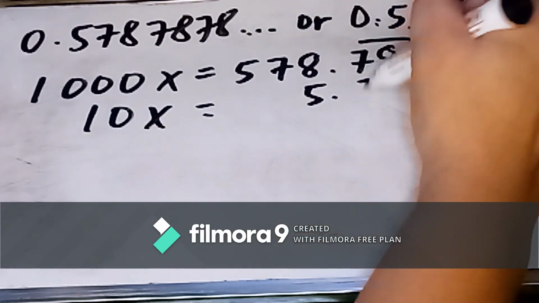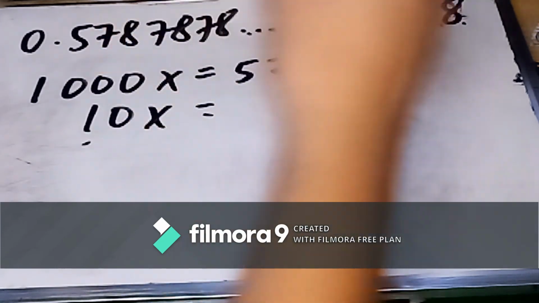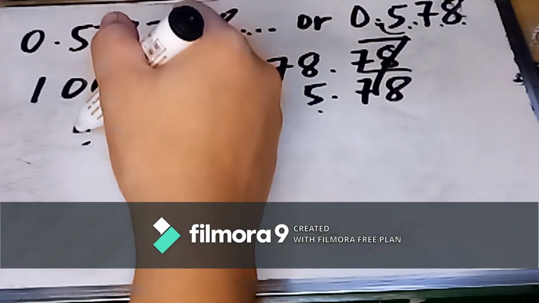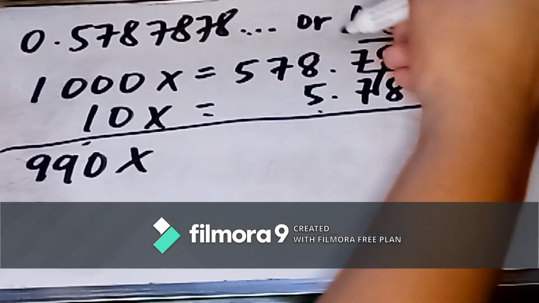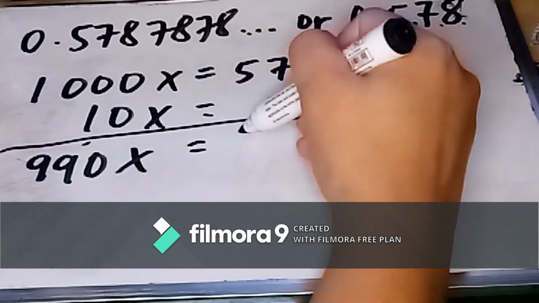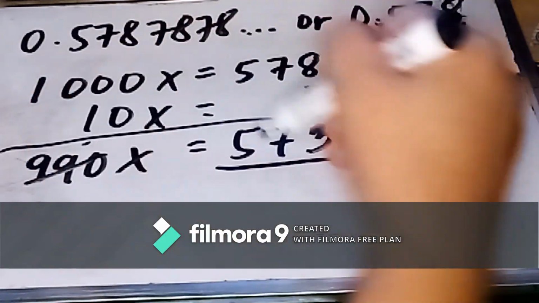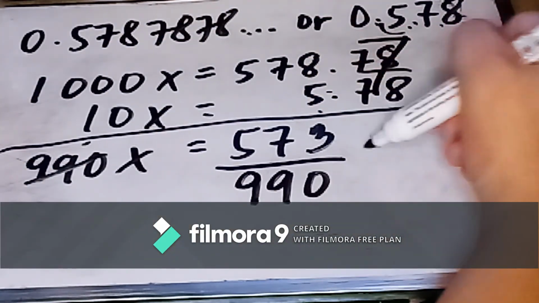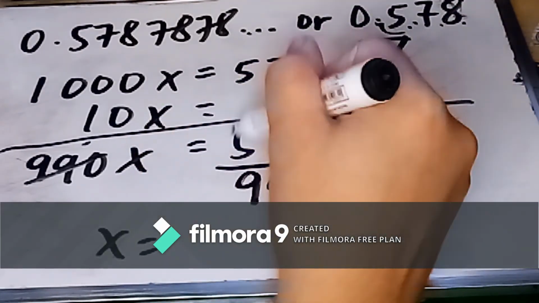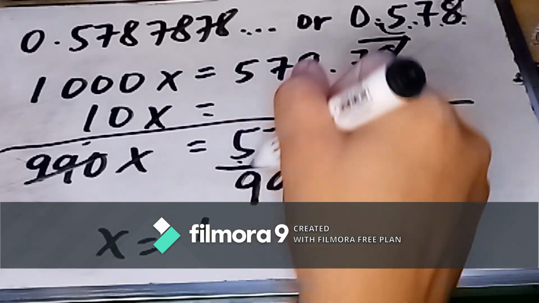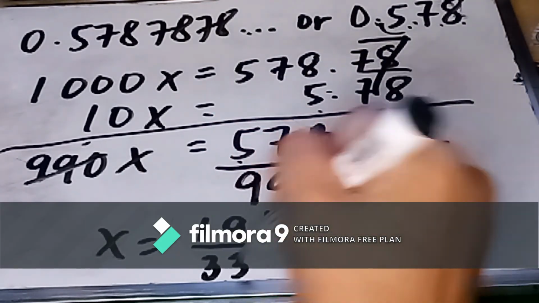Then, i-subtract. 1,000x minus 10x is 990x. I-cancel ang mga umuulit na decimal. 578 minus 5 is 573. Divide both sides by 990. Pareho silang divisible by 3. So, x is equal to 191 over 330.